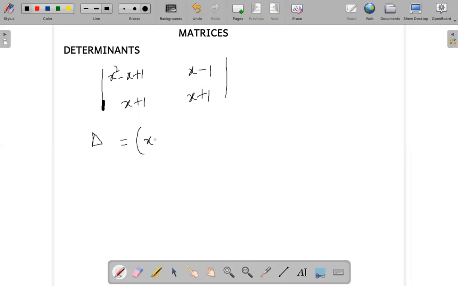This will be x square minus x plus 1, x plus 1, minus x minus 1, and x plus 1.